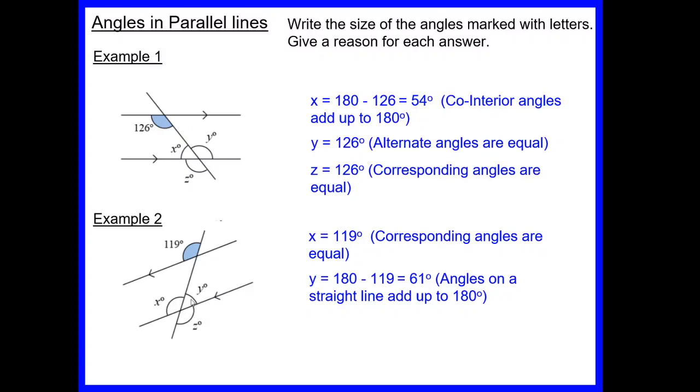If I've used y to find it, then I've got a straight line here. Angles on a straight line add to 180 degrees, so 180 minus 61 would also be 119 degrees. So you've got to choose which one you've spotted. Personally, I used vertically opposite angles are equal. That was the first one I saw to use, but you could have a slightly different answer.